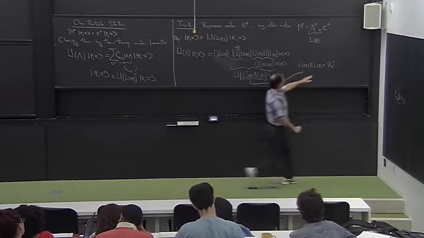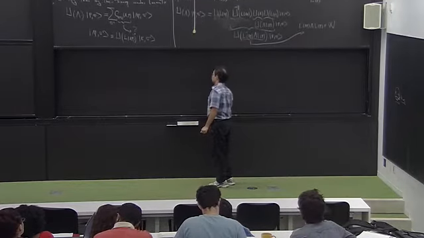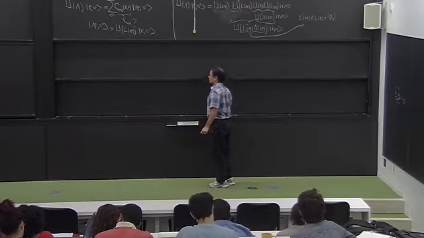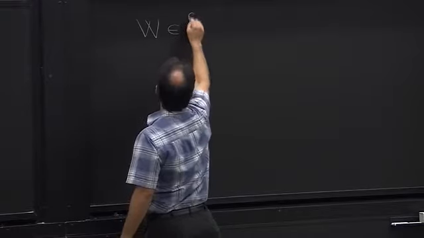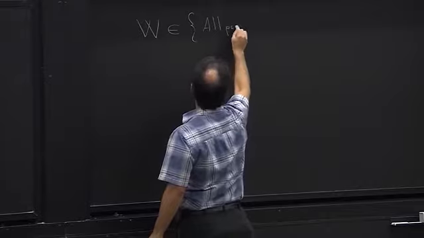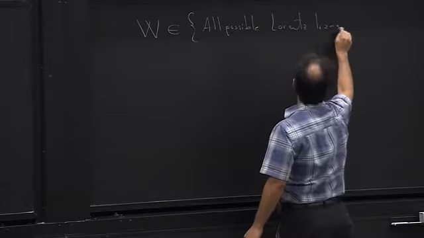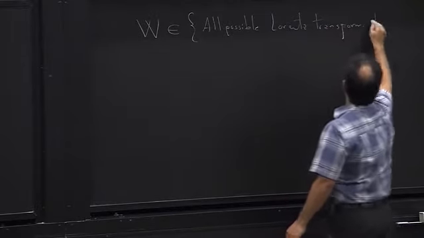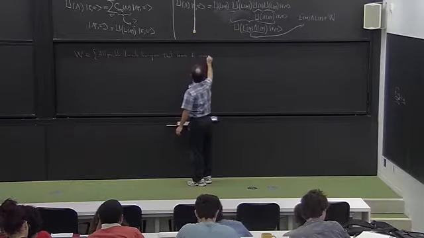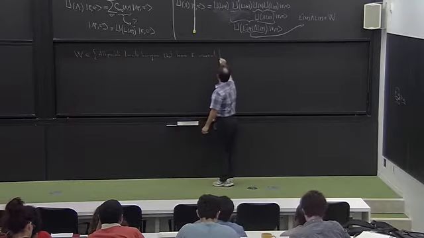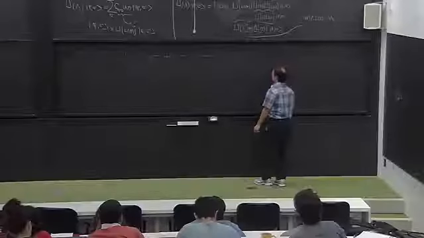So W belongs to the set of all possible Lorentz transformations that leave K invariant. And this happens to be a group by itself.